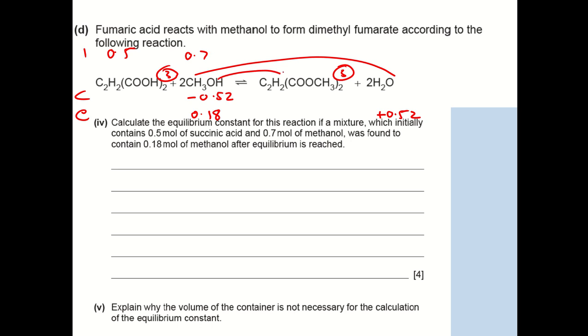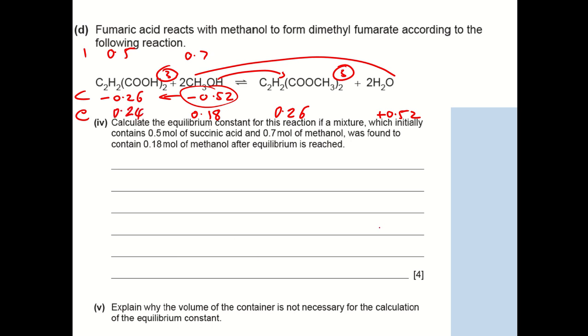It's a 2-to-1 ratio of methanol to dimethyl fumarate, so the moles of that would be 0.52 divided by 2, which would be 0.26. So 0.26 goes in there. If 0.52 moles of this reacted, then half of that, so minus 0.26 moles of that. 0.5 minus that gives me 0.24, of course.